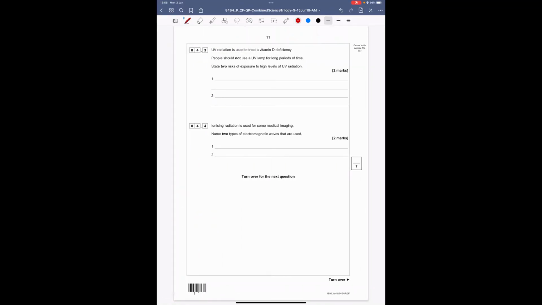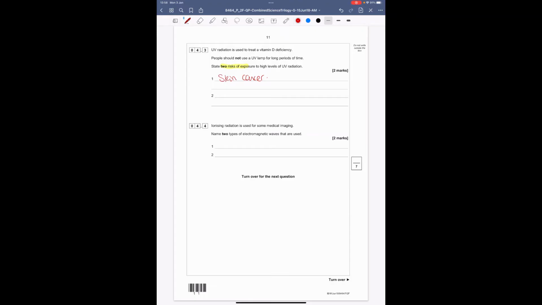Question 4.3 then. UV radiation is used to treat vitamin D deficiency. People should not use a UV lamp for long periods of time. State 2 risks of high exposure to high levels of UV. So this is the key dangers of ultraviolet light, and this is what it can cause. The key major one is skin cancer. Whilst UV isn't really dangerous enough to get into our internal organs, it can cause cancer of the skin.